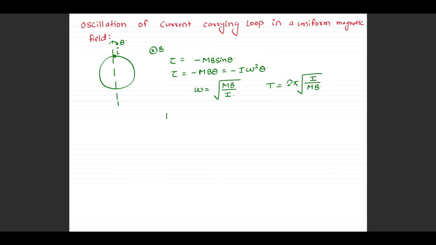So the loop will oscillate about an axis passing through the center of mass. Right? Very important.